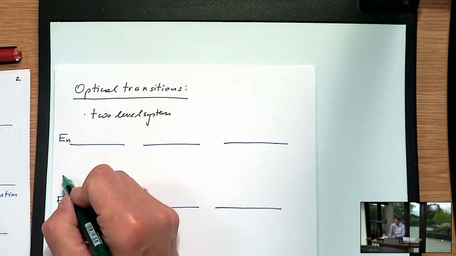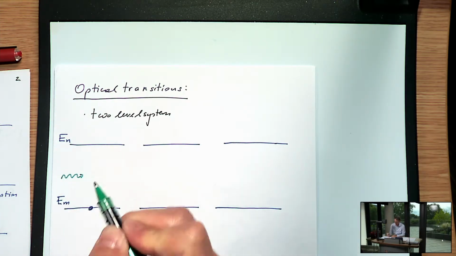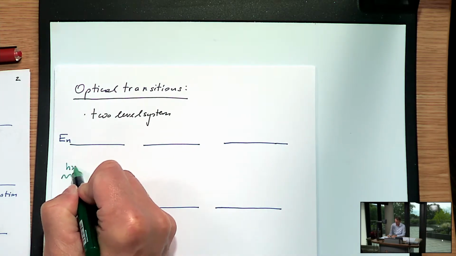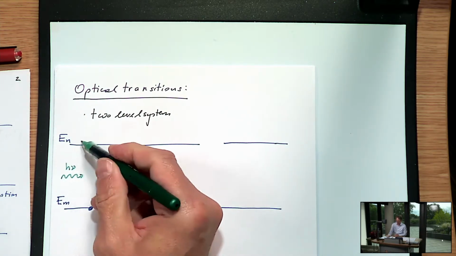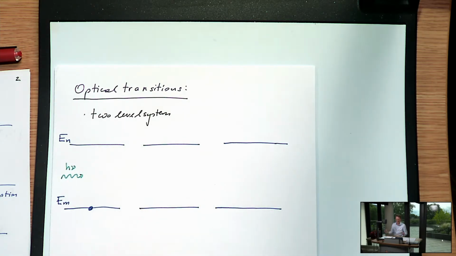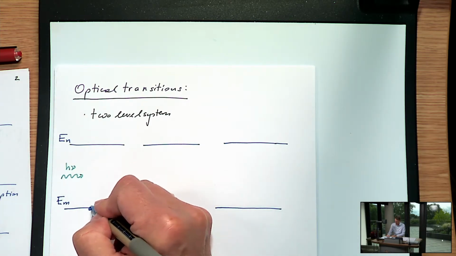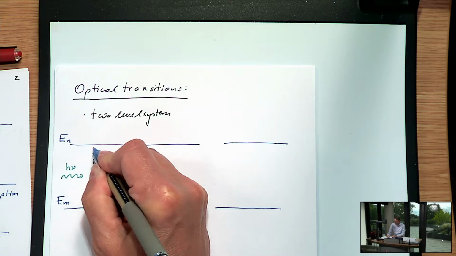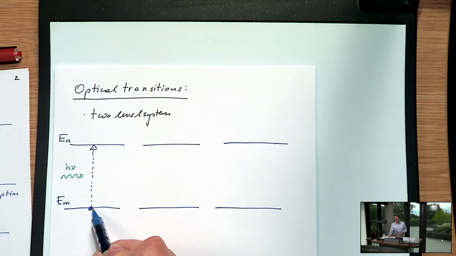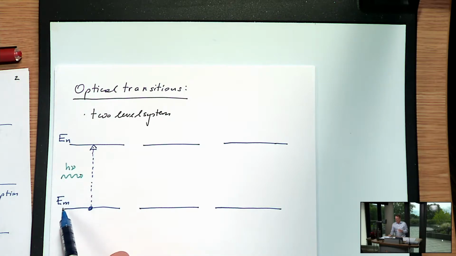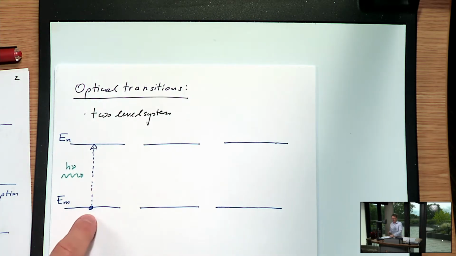And so if a photon comes along and it has just the right energy, h nu, so that the photon energy matches the difference En minus Em exactly, then the photon can be absorbed by the molecule, the photon disappears, and as a result, the electron in the molecule goes from one orbital to another orbital, from the orbital that corresponds to energy state Em to the orbital that corresponds to the excited energy state En. And so the photon vanishes. It comes in and you get this excitation.